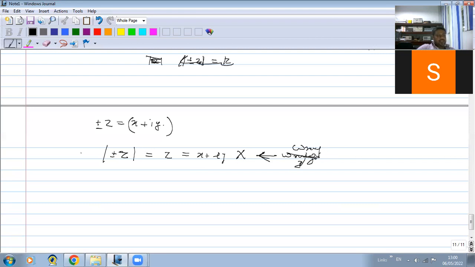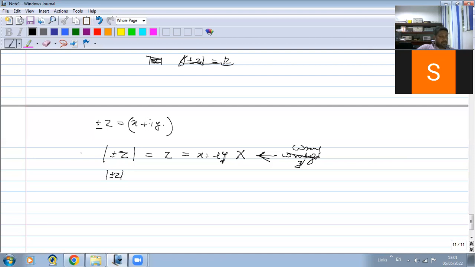If you want more details, this is wrong actually, because when we are saying magnitude, that is, how can I say, that is the magnitude.